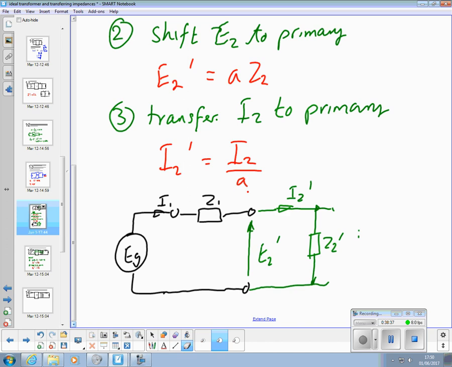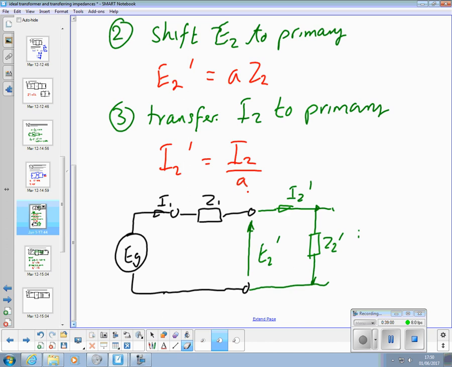Once you analyse this side, you then have to transfer it back. In the case of the current, find out that's 5 amps. Know what the ratio is. You then rearrange that so I2 is equal to A times I2 dash.